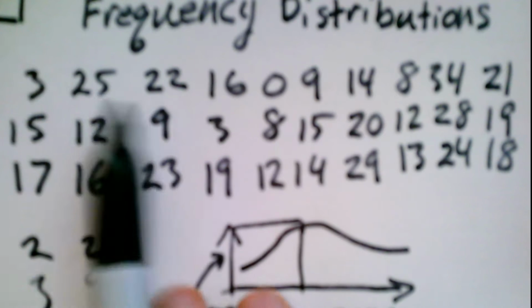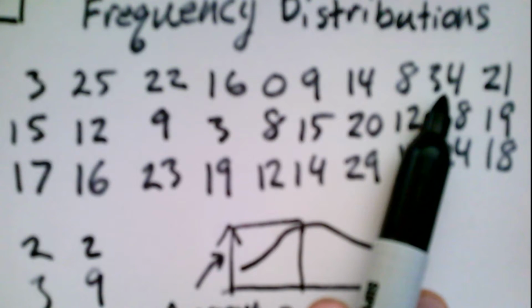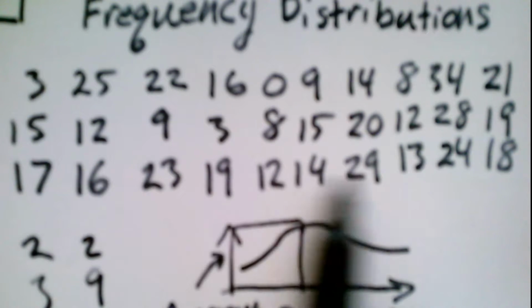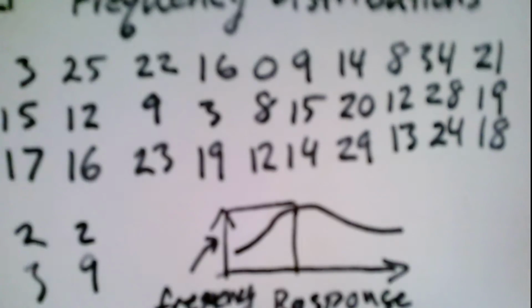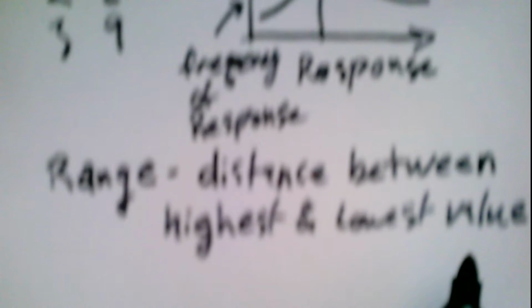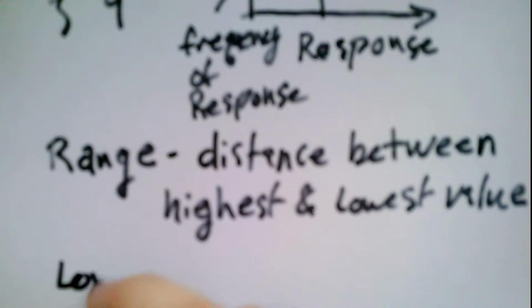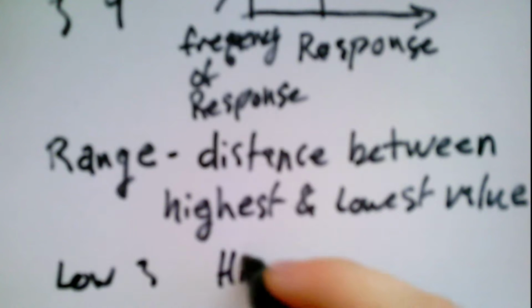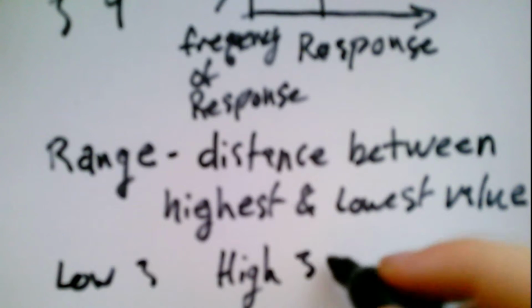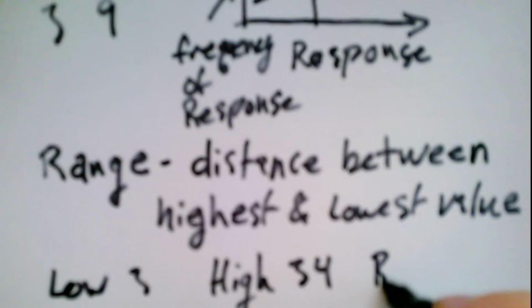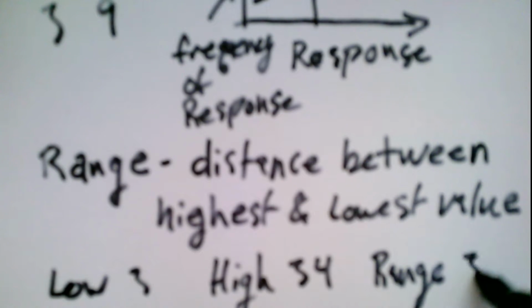Then looking up here, I see a 25, I see a 34. 34 is probably the largest value in this distribution. So our low is a 3, and our high is a 34, which means that our range is going to be 31. That is, 34 is our highest value minus 3 is our lowest value. That gives us 31 as our range.